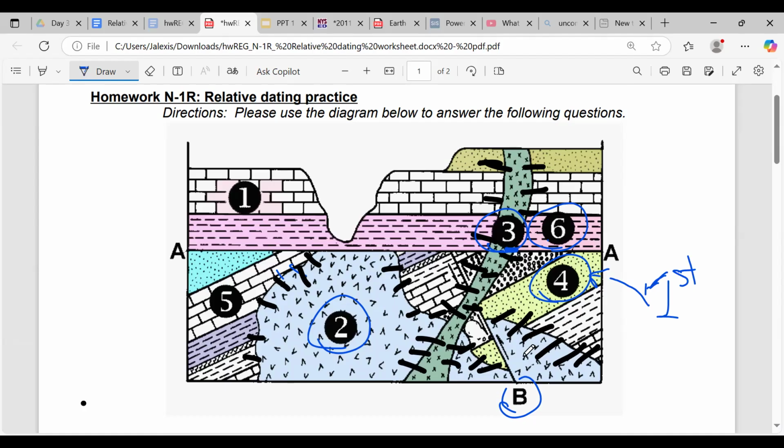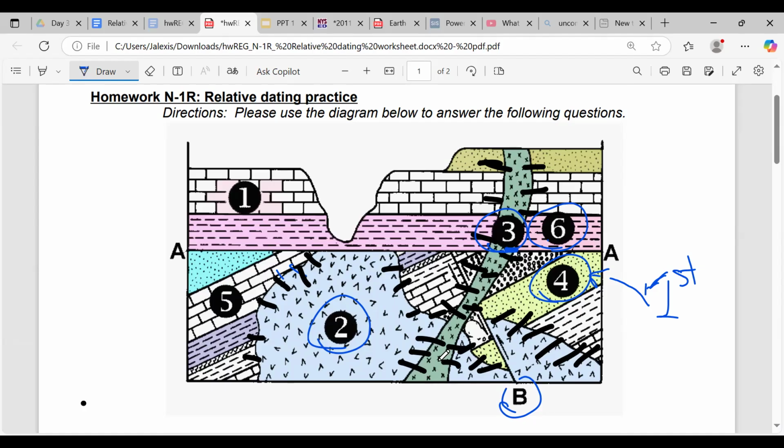Well, we have to ask ourselves. I think for sure I'm looking at 2, and I'm looking at B. What got formed first? So it definitely looks like fault B affected 2.